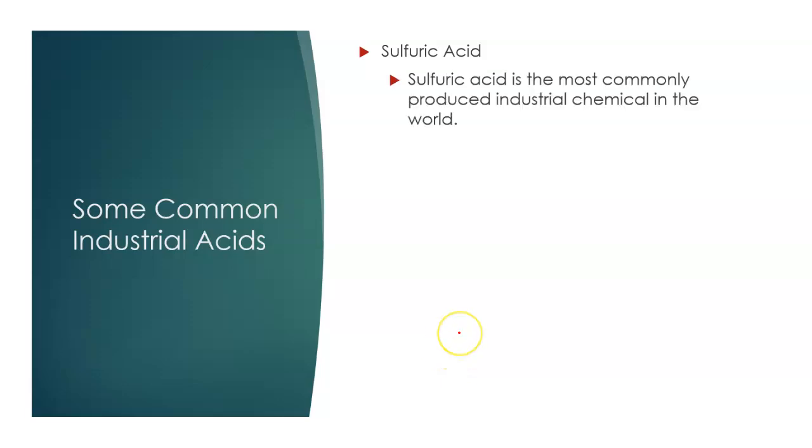Sulfuric acid is the most commonly produced industrial chemical in the world. The formula for sulfuric acid is H2SO4. The 2 is coming from the 2- charge of the sulfate, and then we also have a 1+ charge of the hydrogen. Next, nitric acid is coming when hydrogen combines with nitrate.